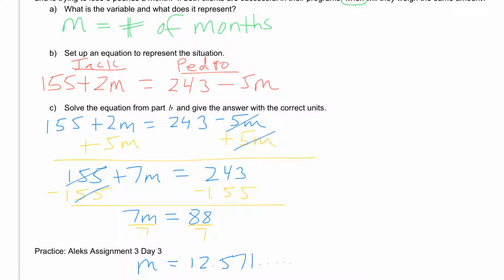Well, I want to take a look at that decimal because then I need to figure out what my units would be or what my answer would be. So I'm looking for when these will weigh the same amount. Well, it's going to be the same amount in about 12 and a half months.